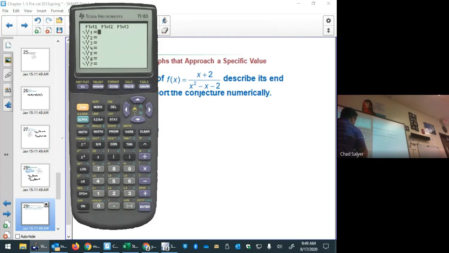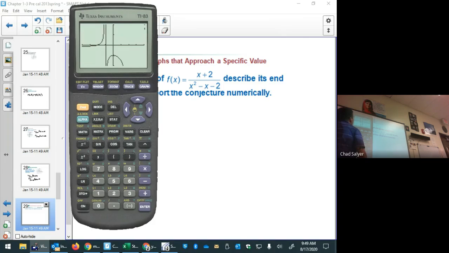We go to y equals, punch in x plus 2 divided by x squared minus x minus 2. Oops. There we go. So x squared minus x minus 2. And then we hit graph.